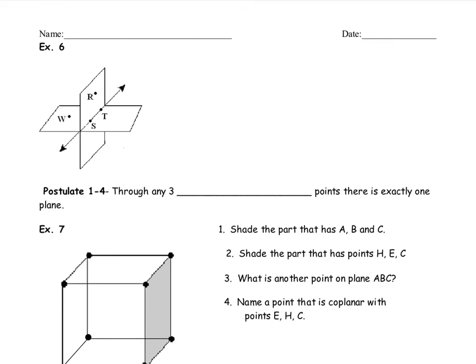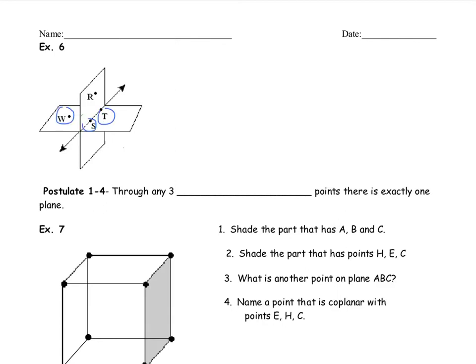And here's the index card example I was trying to demonstrate and did so poorly at. You have your two index cards that are intersecting. Index card or plane, we'll call RST, notice they are non-collinear, and plane WST.